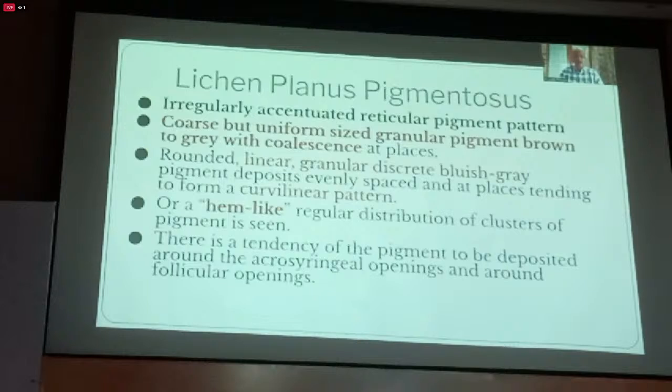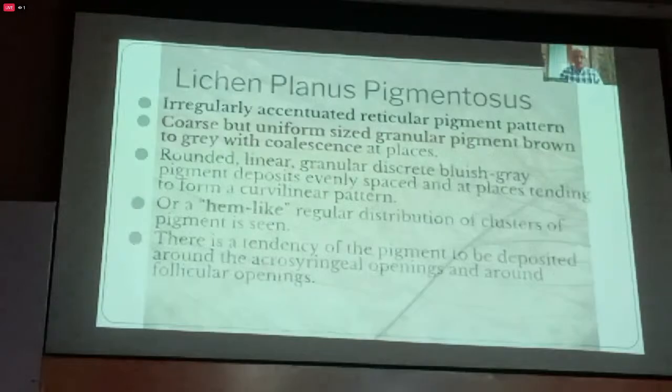In lichen planus pigmentosus, the pigmentation that you see on dermoscopy is a little bit darker gray or bluish, but sometimes it can be brown as well.